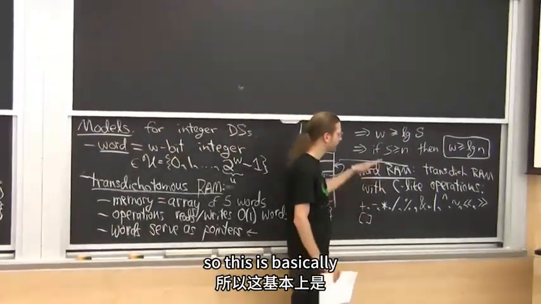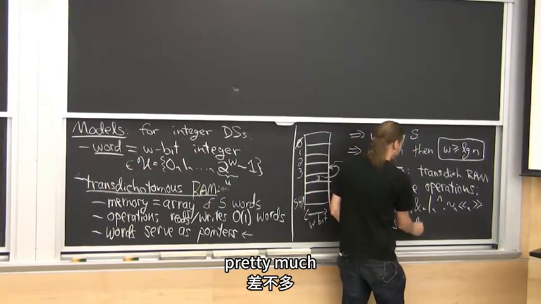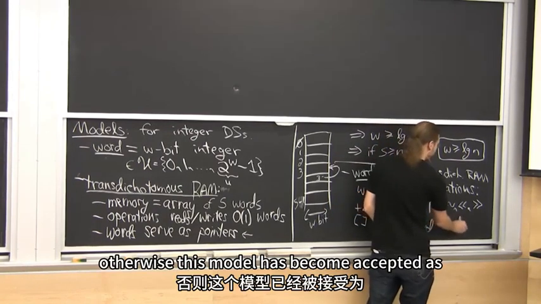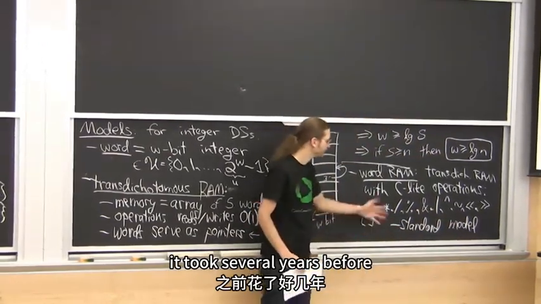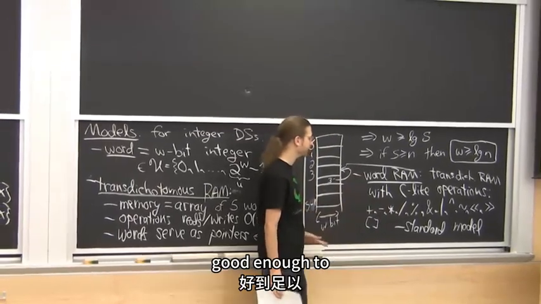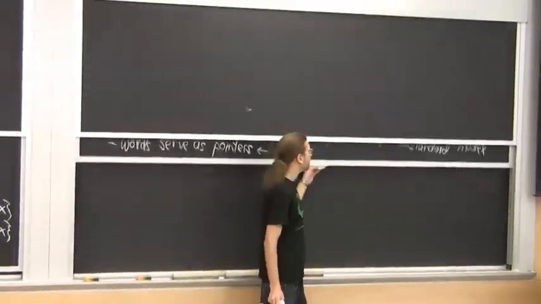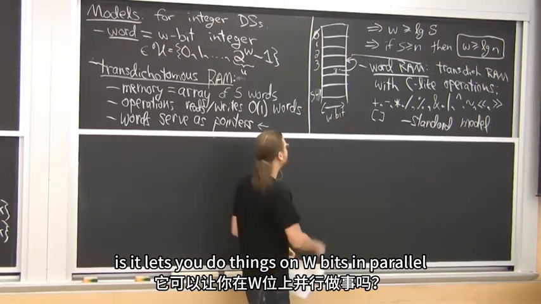So this is basically the standard model that all integer data structures use, pretty much. If they don't use this model, they have to say so. Otherwise, this model has become accepted as the normal one. It took several years before people realized that's a good model, good enough to capture pretty much everything we want. Okay, the cool thing about word RAM is it lets you do things on W bits in parallel.